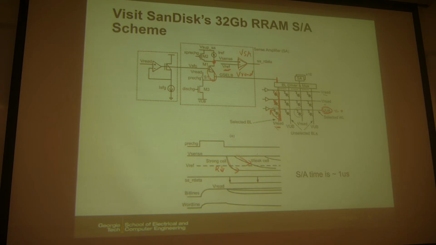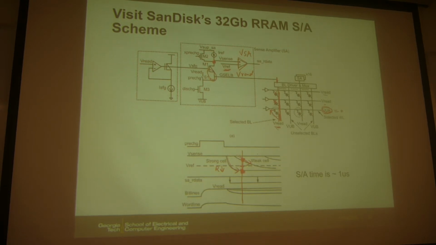Then you can have an SRAM enable signal somewhere here. If you enable the SRAM here, you can differentiate the on and off of strong and weak cell, because of the voltage difference: one is above the reference, one is below the reference.